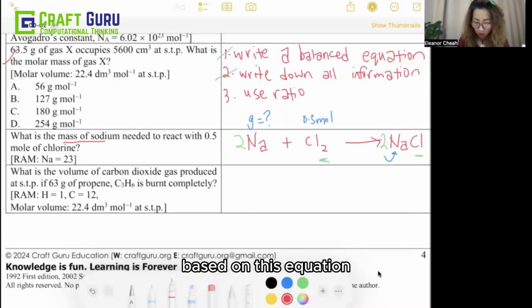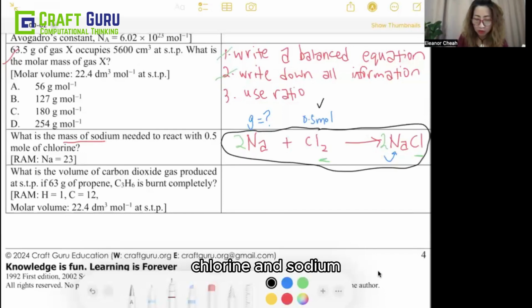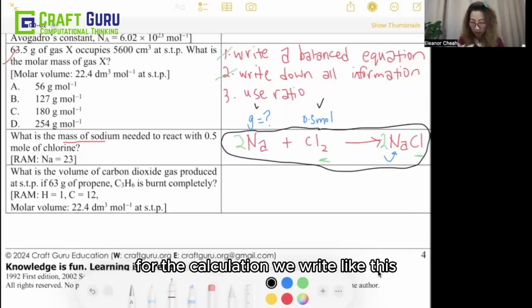All right, so based on this equation, the ratio for chlorine, we use the information we want to find out. So chlorine and sodium, these are the two things we will use for the calculation. We write like this.